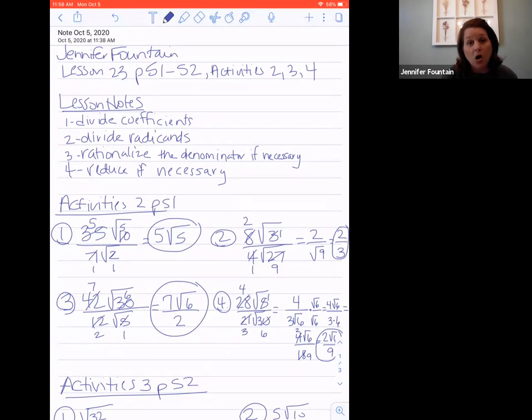Now remember, on Thursday, we already looked at lesson 22. Actually, we didn't look at lesson 22 answers. On Thursday, go ahead and make sure you have done lessons 22 and 23. Make sure you have checked them and made corrections.